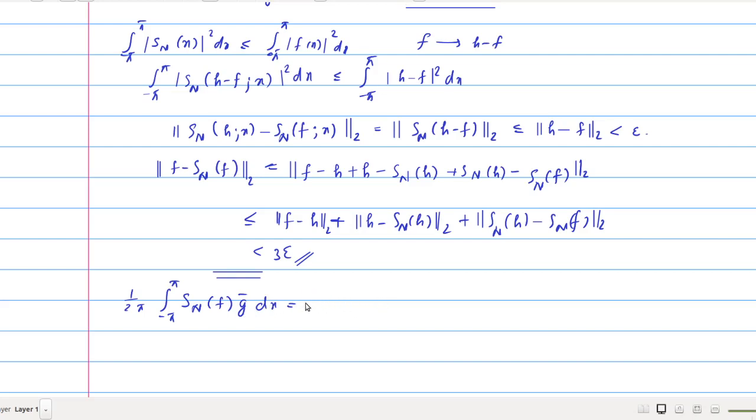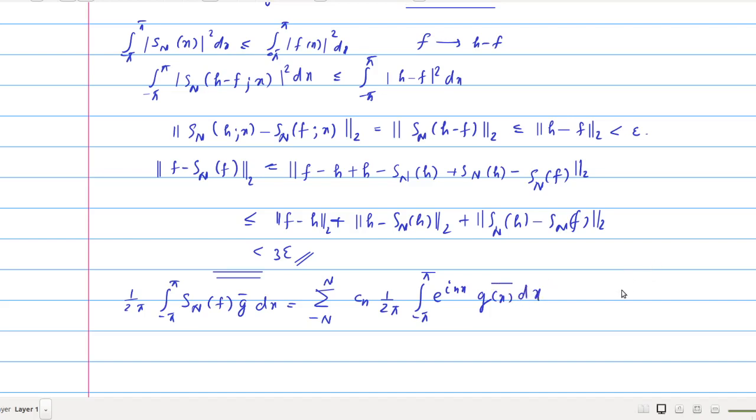So first we write this is equal to the summation from minus n to n of Cn times 1 by 2 pi integral from minus pi to pi of e power i n x g of x conjugate dx.